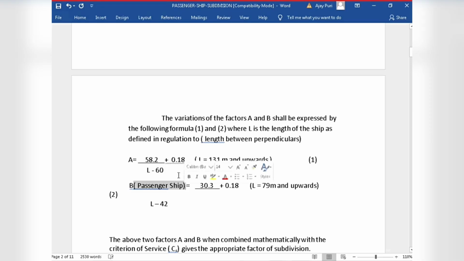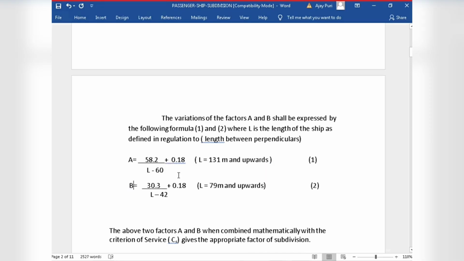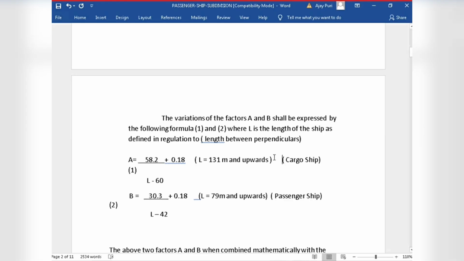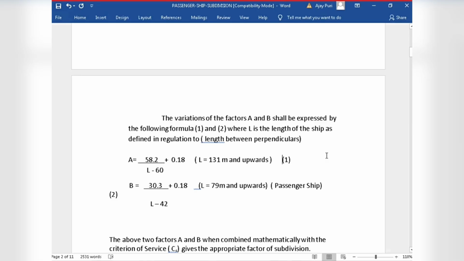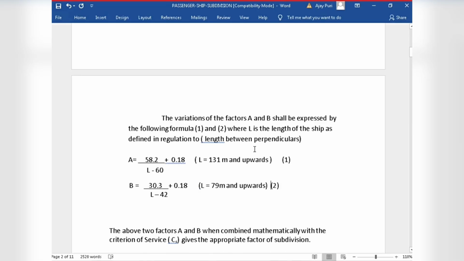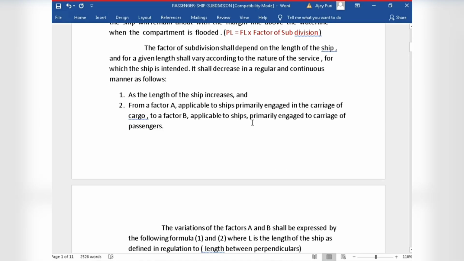I'll just remove this. Then again, that formula is going wrong here. Move this here. So this A is factor A applicable for carriage of cargo. Factor B is applicable for passengers.